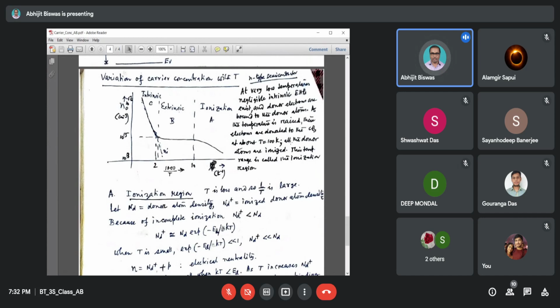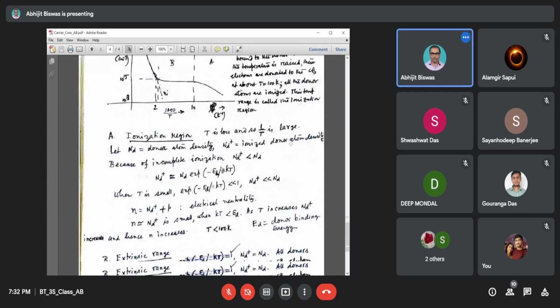So in this region, the ionization region, designated by A, T is small, and exponential of the donor ionization energy divided by kT is much less than unity, and therefore Nd plus is much less than Nd.